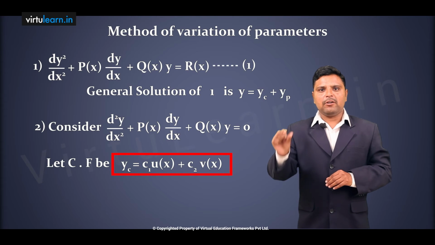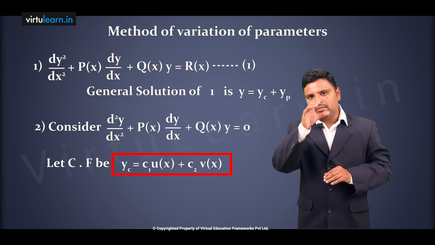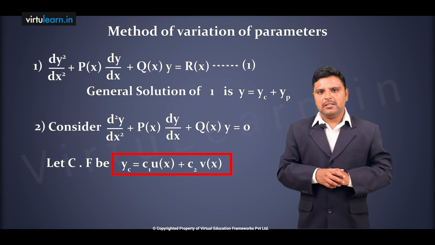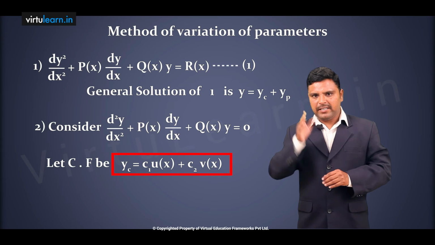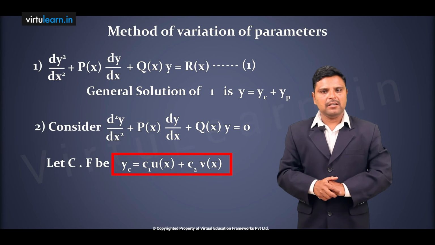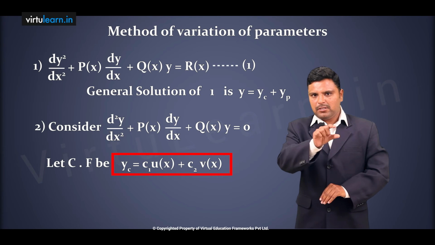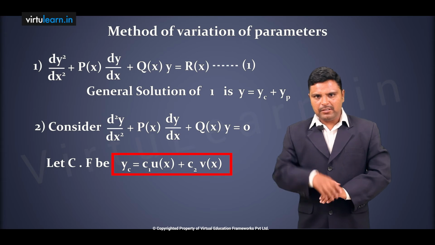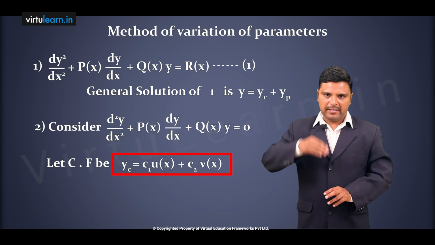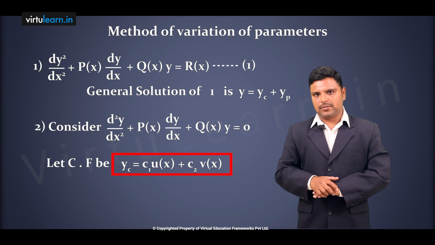Then how to calculate this u of x and v of x? While solving the problems, it is the same technique: put r of x equal to 0 on the RHS, then automatically you will get the complementary function by using previous methods. So here, by the method of variation of parameters, yc equals c1 u of x plus c2 v of x.